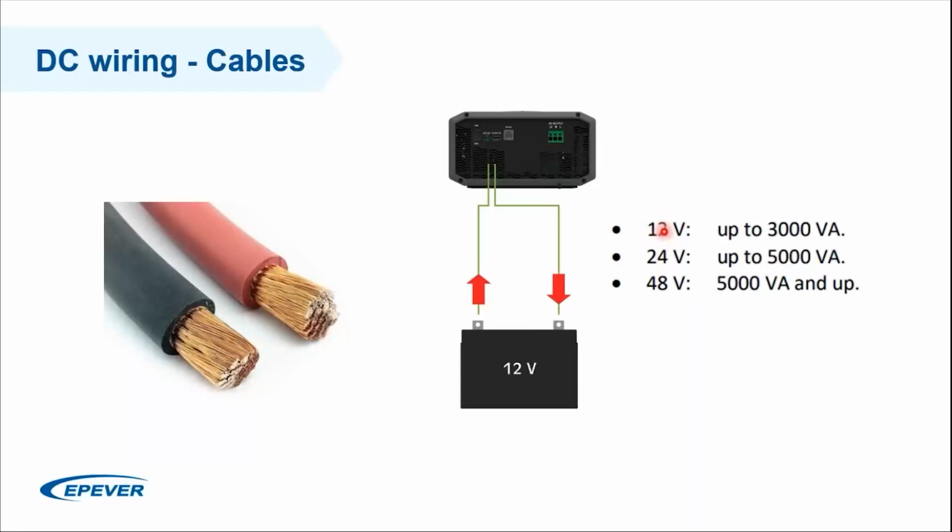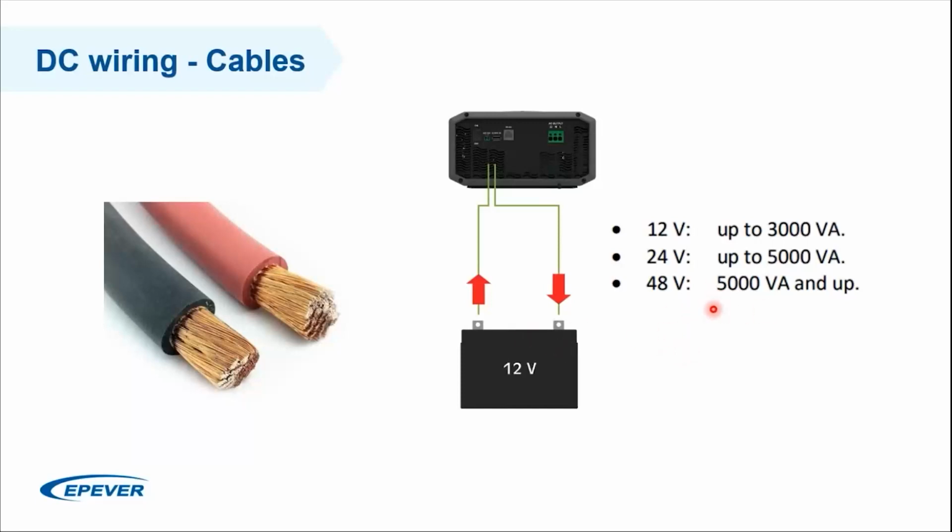Of course, you can use 24 volt batteries for this 3 kilovolt amp system. It's recommended to use 24 volts for 5 kVA and 48 volts for powers higher than 5 kVA.